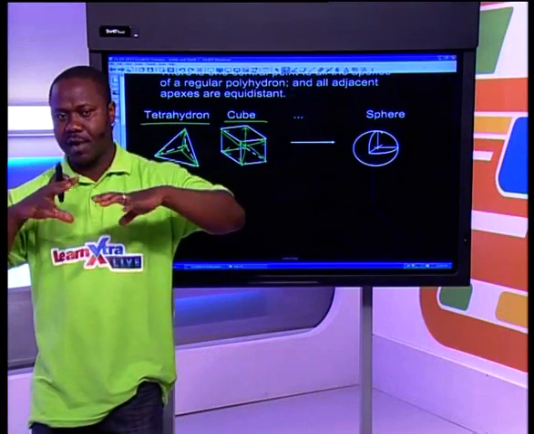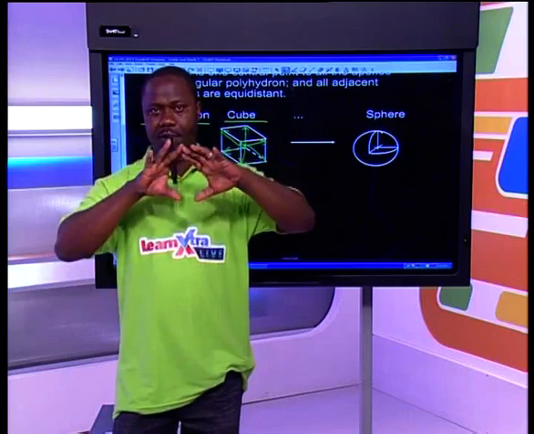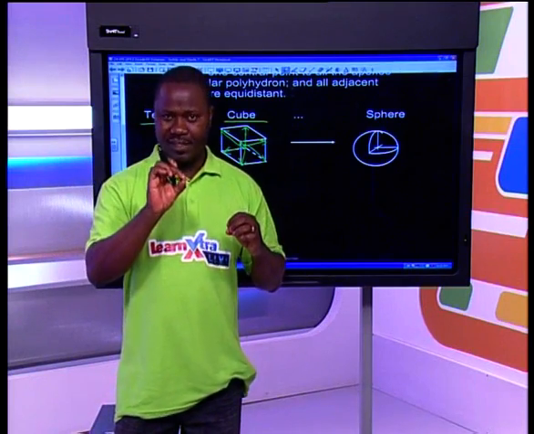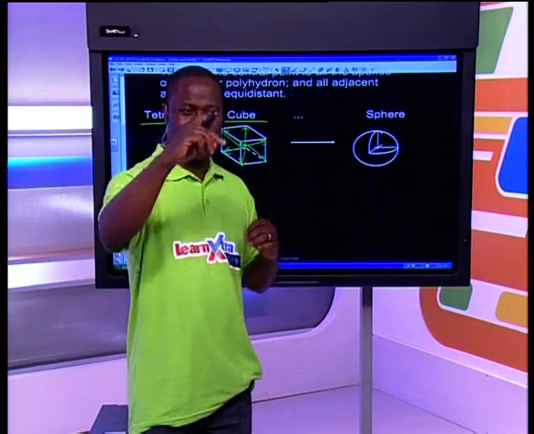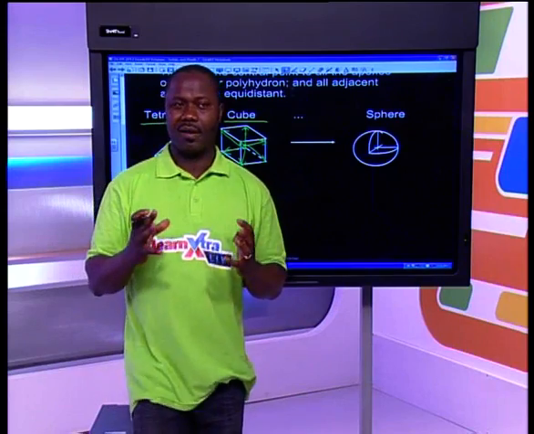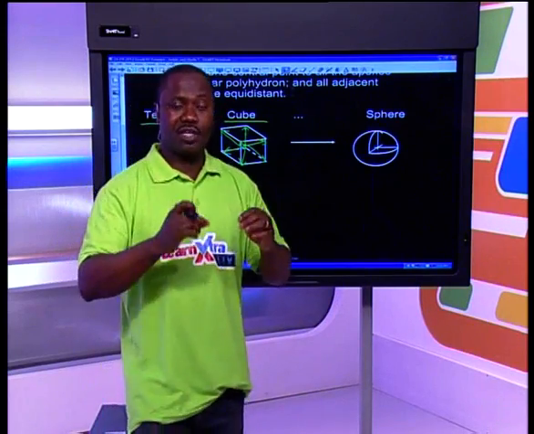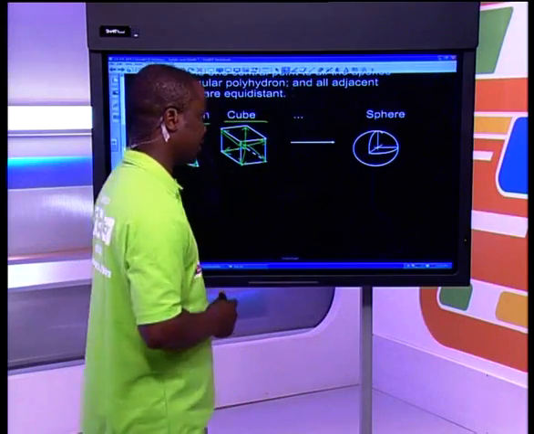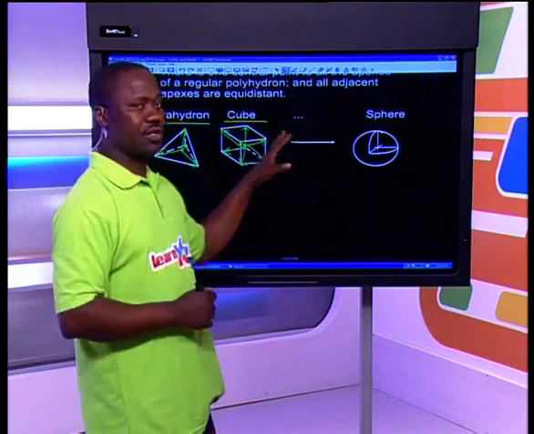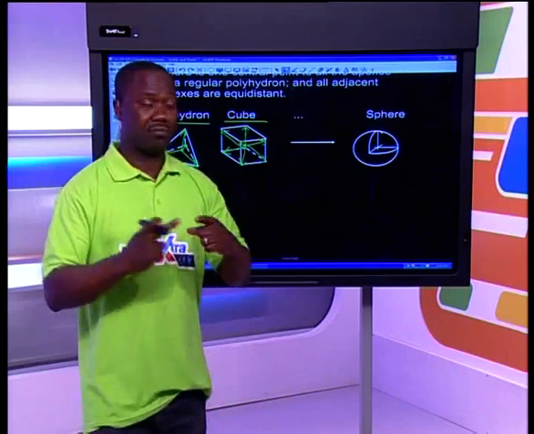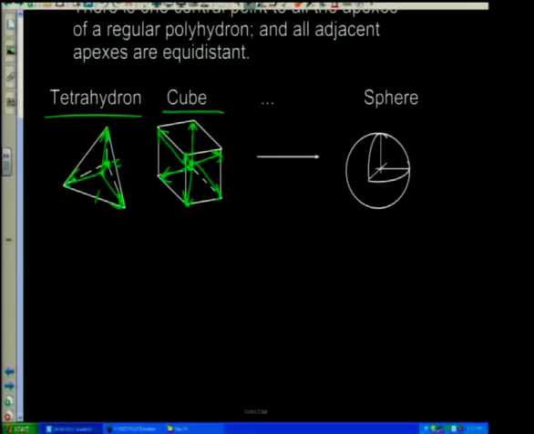And now, if you imagine that this continued until you have a sphere where you have a center, and any line that you draw to the surface of your sphere is going to be the same distance. So there is that property about it. And yes, of course, even the adjacent sides must be equal. Like we had here, that side is equal to that, and all the sides are equal from apex to apex. It has to be the adjacent apexes anyway. So that's what we are saying about a sphere there.